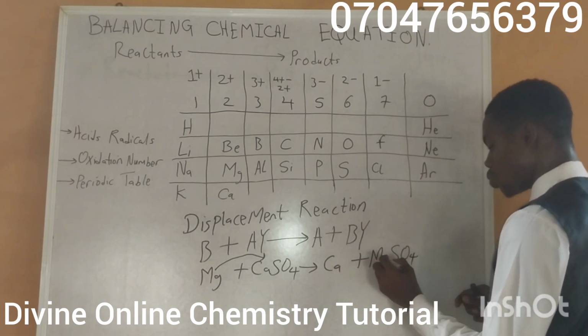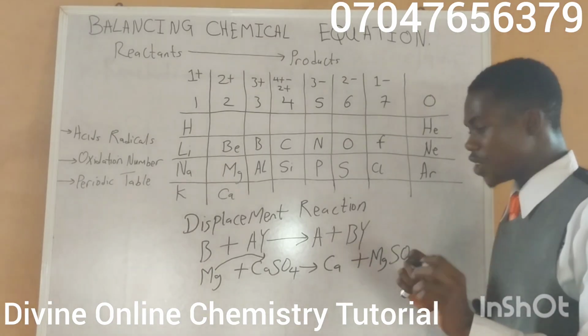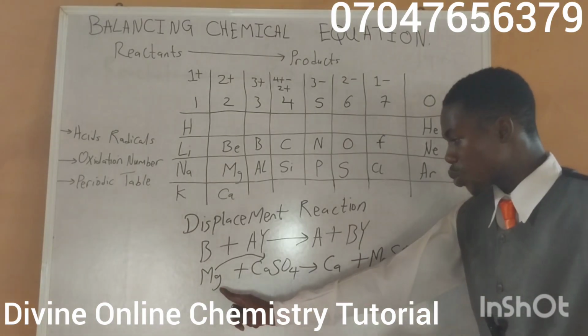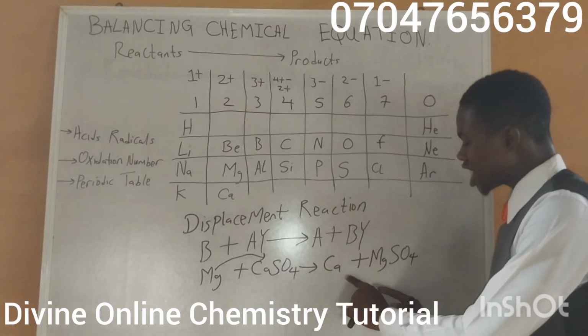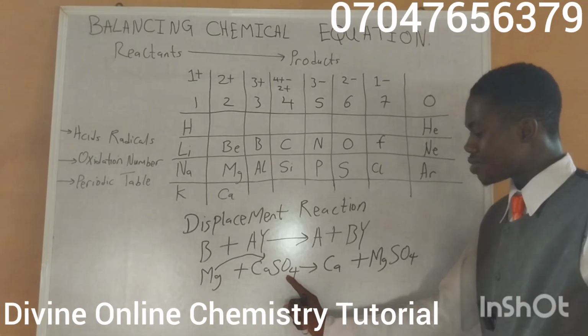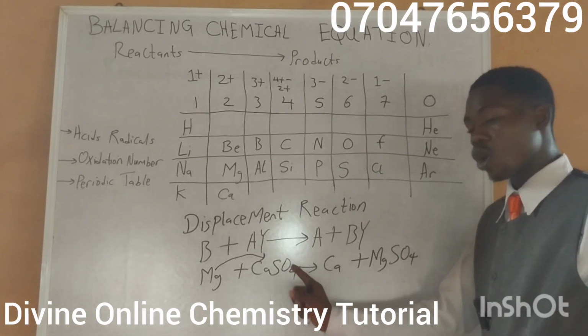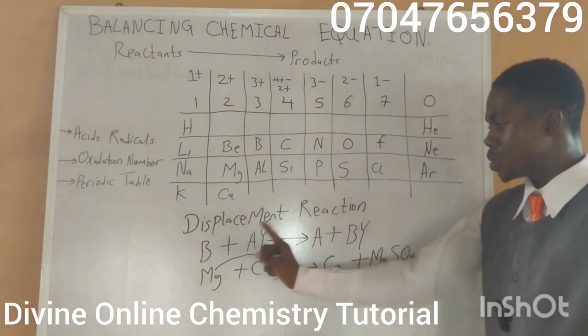SO 4, which is magnesium tetraoxosulfate 6. Now if you look at it very well, you see that this magnesium is replacing this calcium in the compound, and the calcium will be alone at the product side, while the magnesium will combine with this acid radical, which happens to be tetraoxosulfate 6 acid. So this is how the product is formed under displacement reaction.